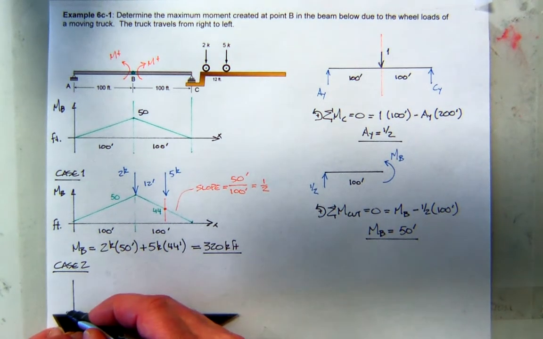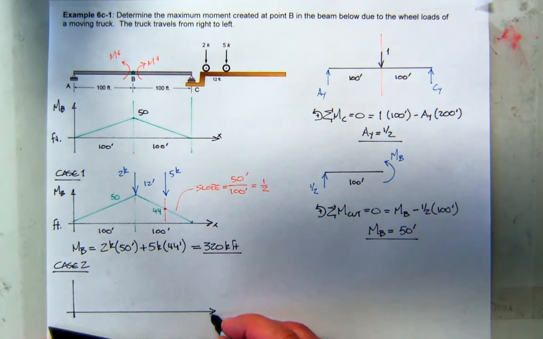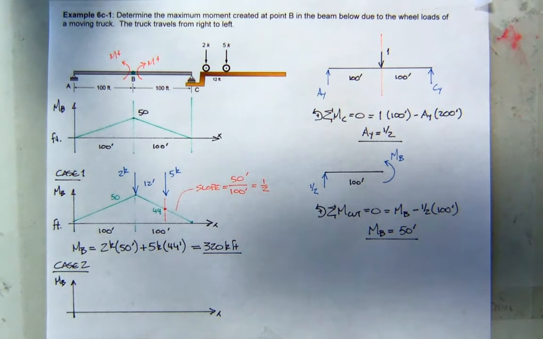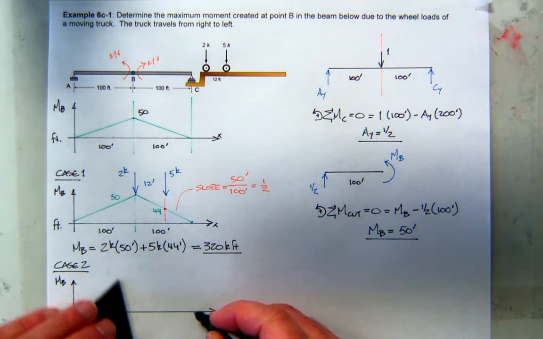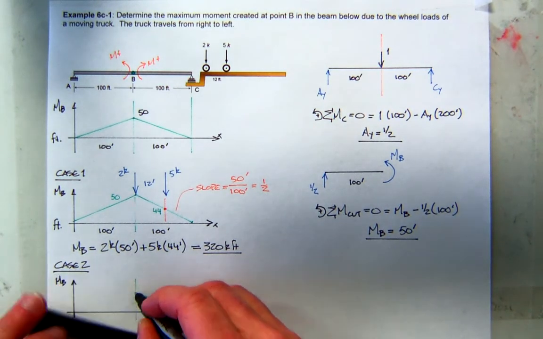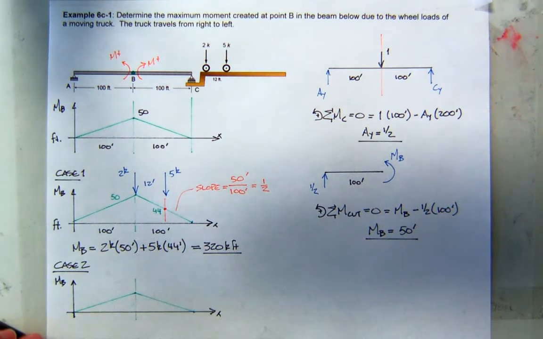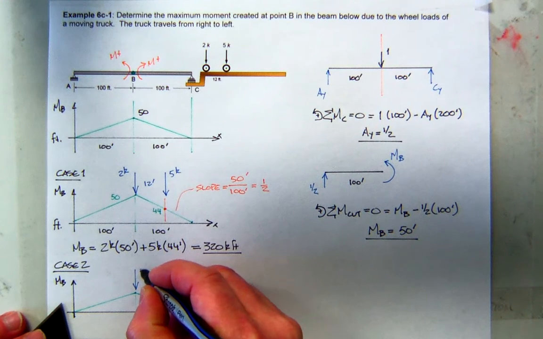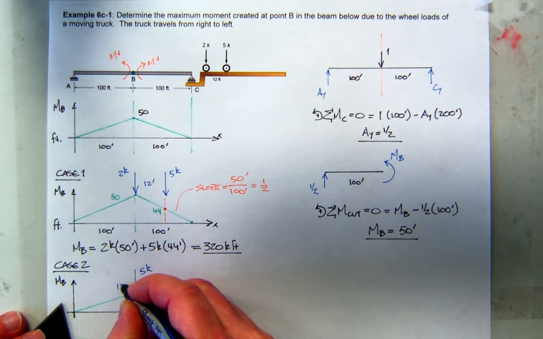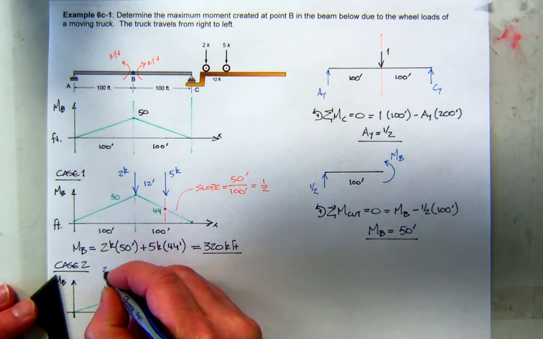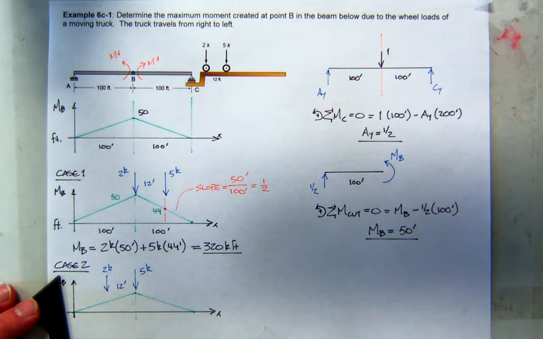So the other possibility would be very similar. Except now, we're going to let the second load, the 5 kip load, be at the top of the hill. And that means 12 feet forward, the 2 kip load will be there.